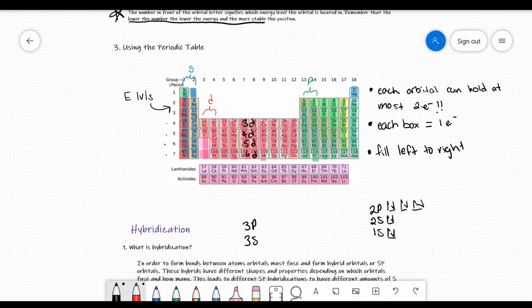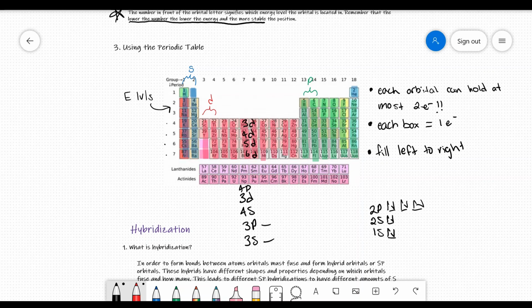And instead of writing 3d, we're actually going to write 4s. Now I know that may seem weird, but the 4s orbital is actually lower in energy than any of the 3D orbitals. Therefore, it'll get filled first. Then write 3D. And then we're going to write 4p. So actually, it kind of works out because how we fill it still continues left to right.